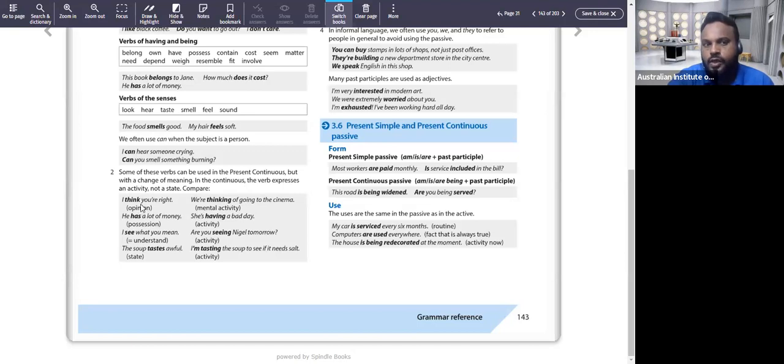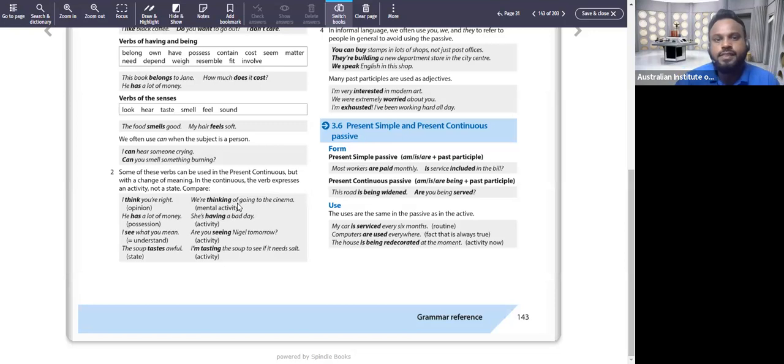When it is showing an opinion, this is a state verb that we cannot change. But when we change the meaning of the verb from opinion to mental activity, that is when we can use the verb in the present continuous tense. Like, we are thinking of going to the cinema, mental activity. Okay, you don't have to think that much.